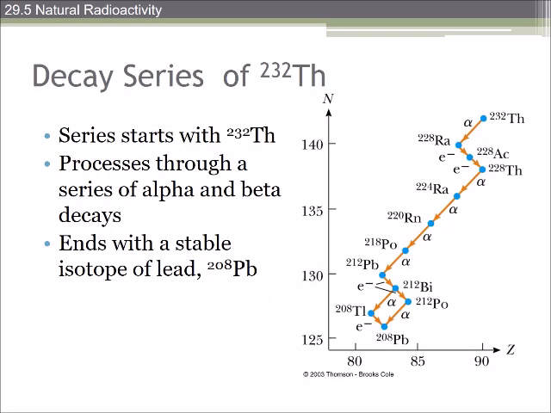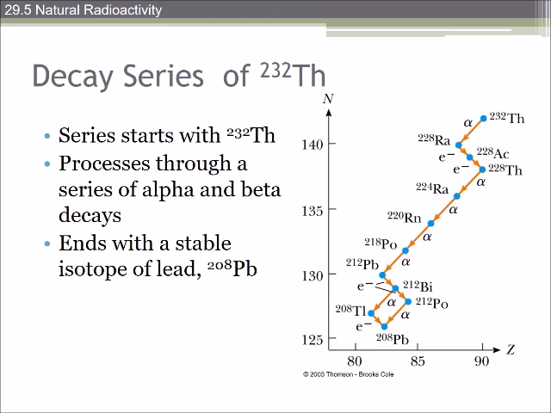Here is a decay series to show you what happens when an element decays with these different types of radiation. Here we have thorium. It goes down to radium. Here it goes down 4 nucleons, from 232 to 228, and it loses 2 protons in the process, meaning it goes down the periodic table by 2.